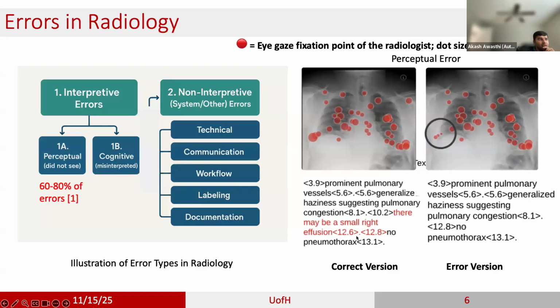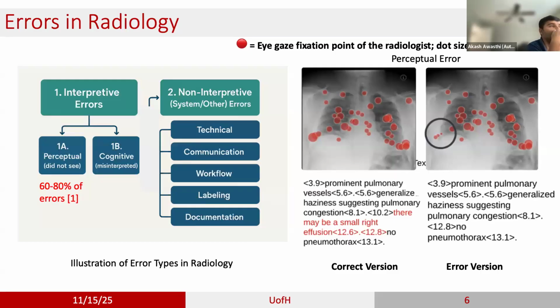Let's consider this the correct version of the report, the CXR image, and the eye gaze overlaid. And this is the erroneous version, where you can see the right effusion is missed or not there. The student missed it, and this is due to less attention, or less fixation duration. If you see, this area was not focused well enough. So this is basically the idea of perceptual error.